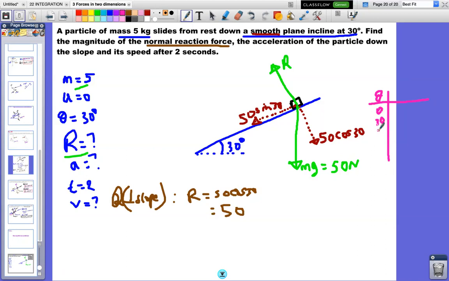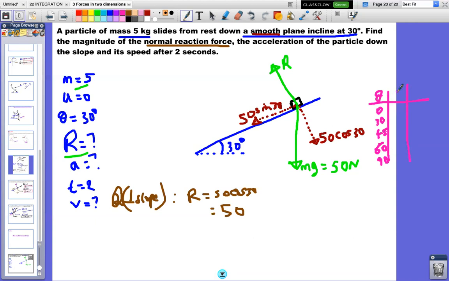30, 45. That's 0, pi over 6, pi over 4, pi over 3, which is 60 degrees, and pi over 2, 90.